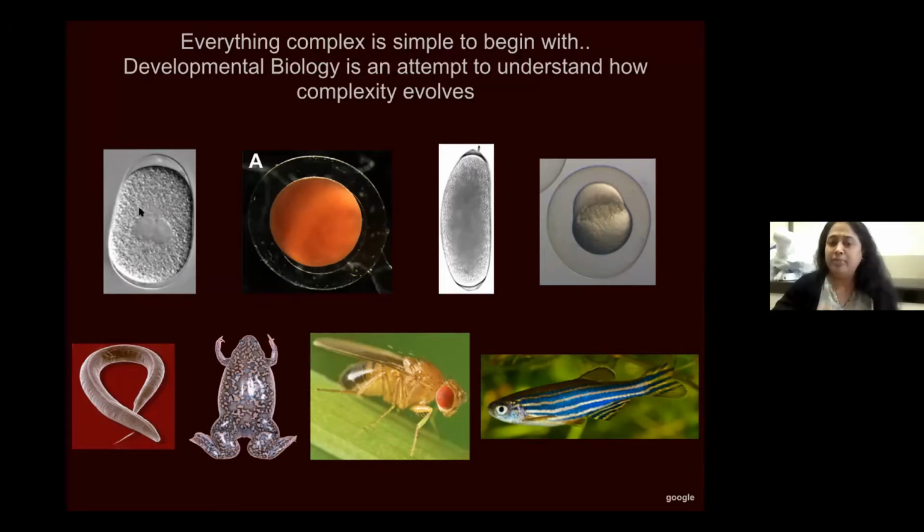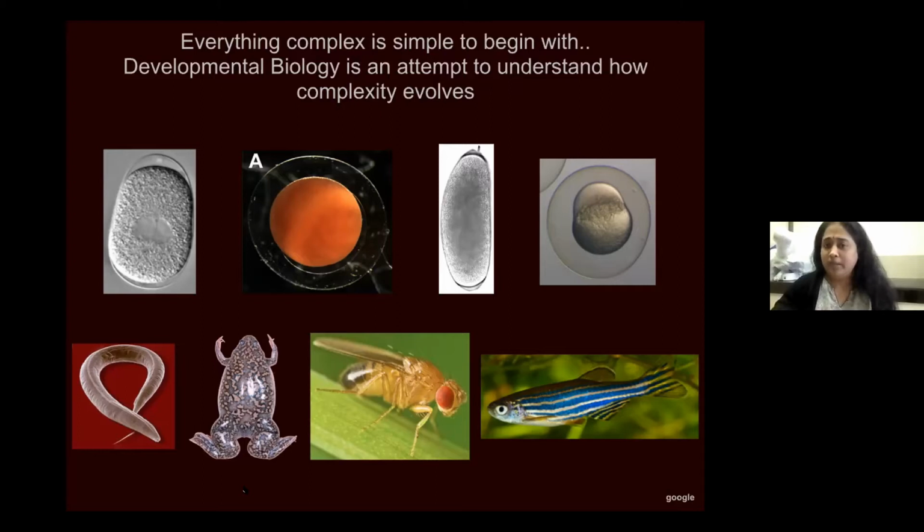Then over time, a series of developmental events occur, some of which we will discuss in today's talk, such that some hours, or in some cases, many months or weeks later, a three-dimensional organism emerges, which looks completely different from each other. So these are all different species, and they look physically different from each other.